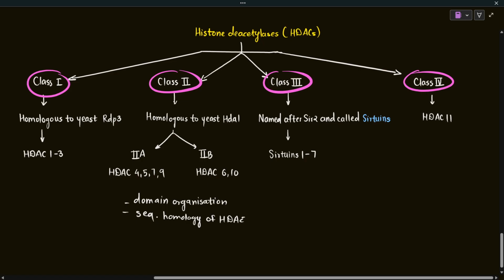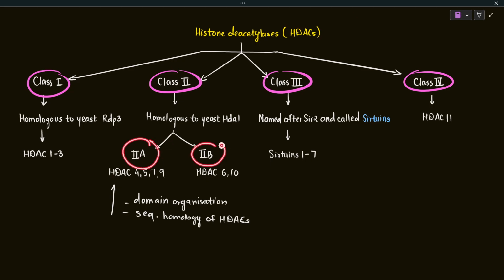Class 2A has HDAC 4, 5, 7, 9, while class 2B has HDAC 6, 10. Class 4 has HDAC 11.